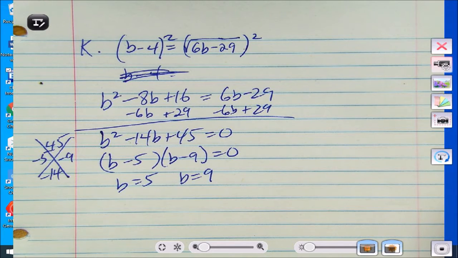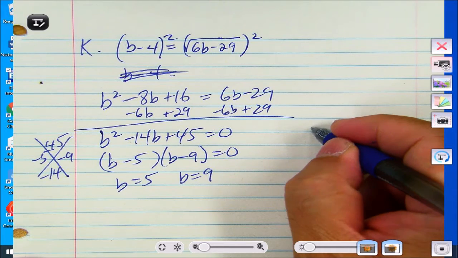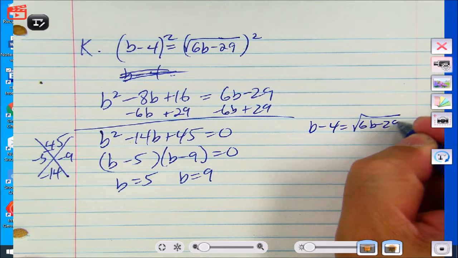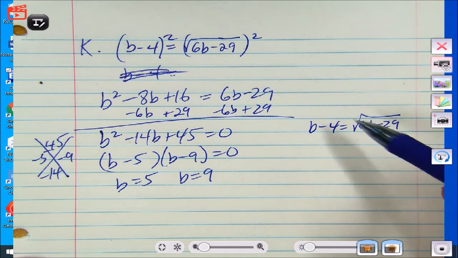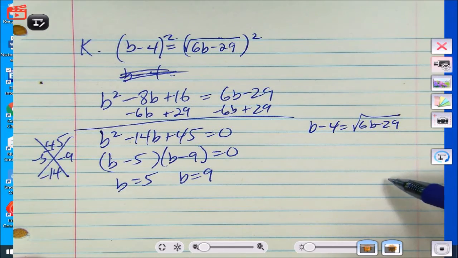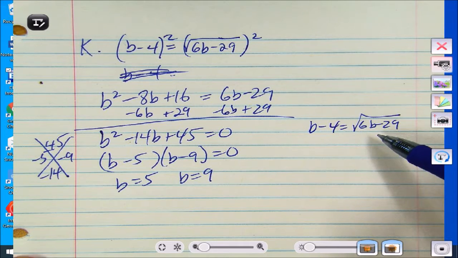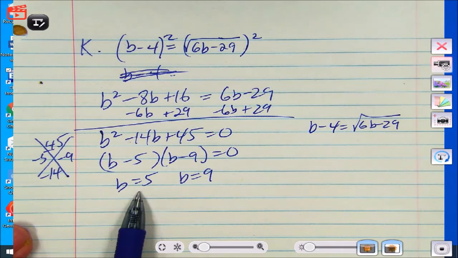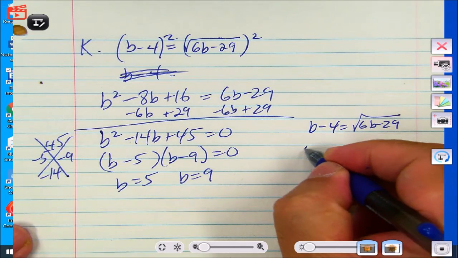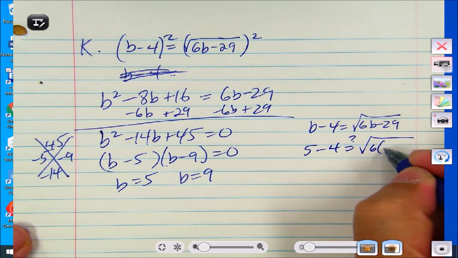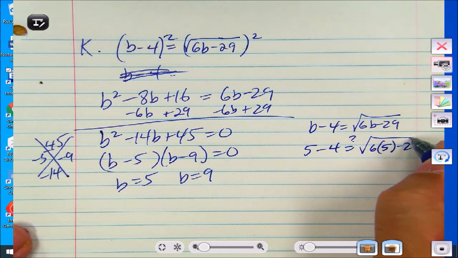Alright, so I'm going to check these answers. Remember the original problem was b minus 4 equals square root of 6b minus 29. By the way, I will not be checking your checks. If you can do this in your head, or on the calculator, that is perfectly okay. Just make sure you do it correctly on the calculator. So I'm going to plug in the 5. That's 5 minus 4 on the left, and on the right, it's 6 times 5 minus 29.